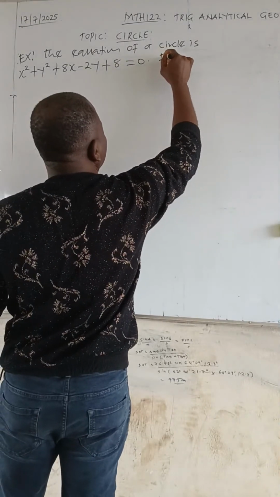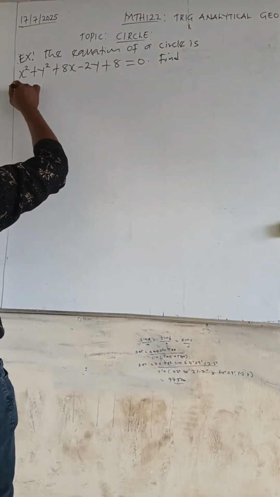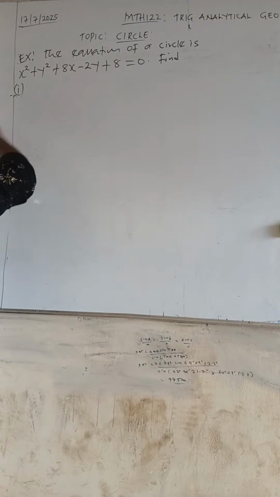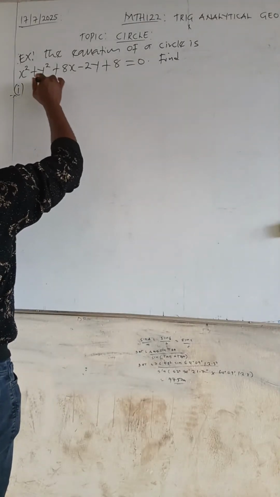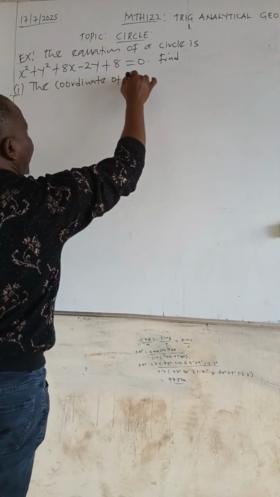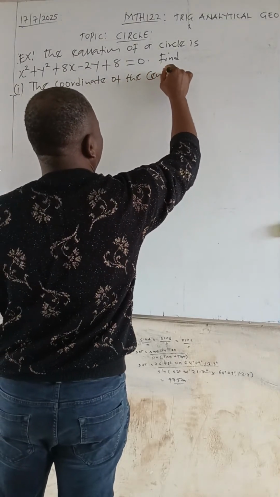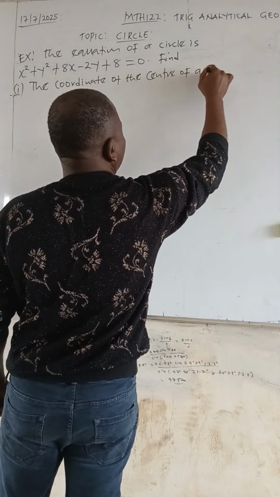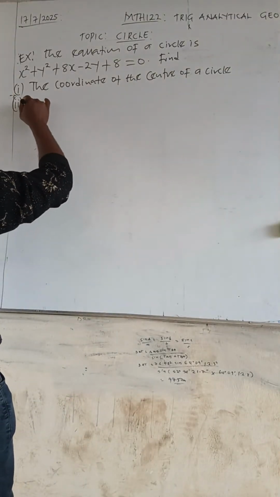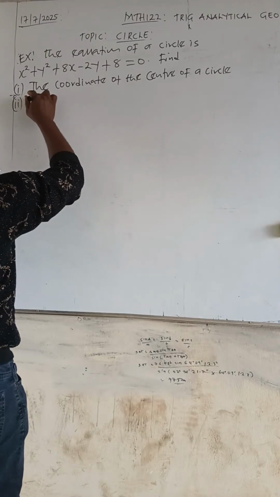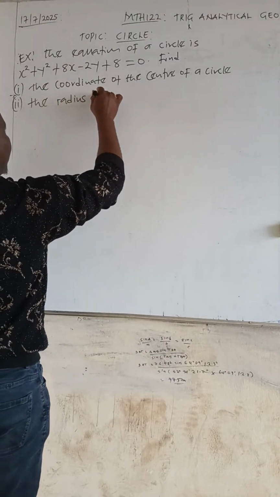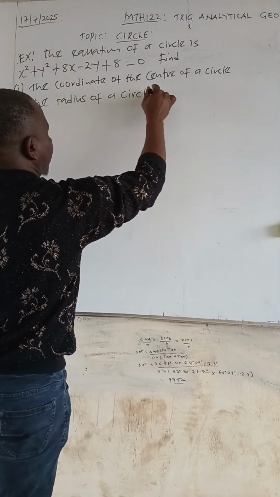They said find the coordinates of the center of a circle, and the radius of a circle. It is simple as ABC.